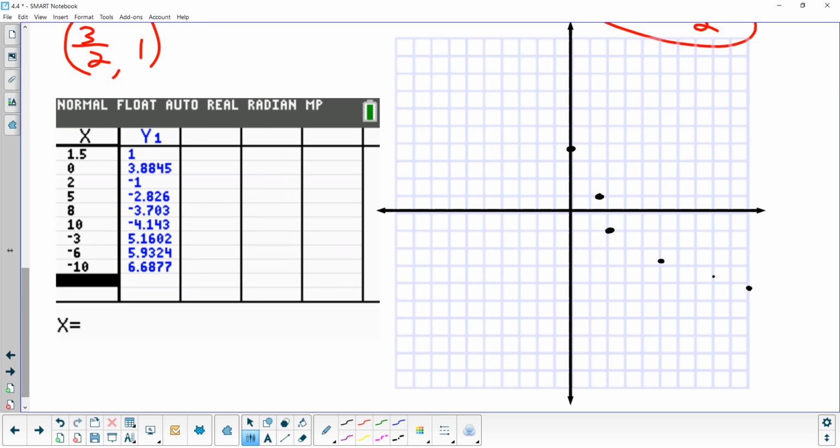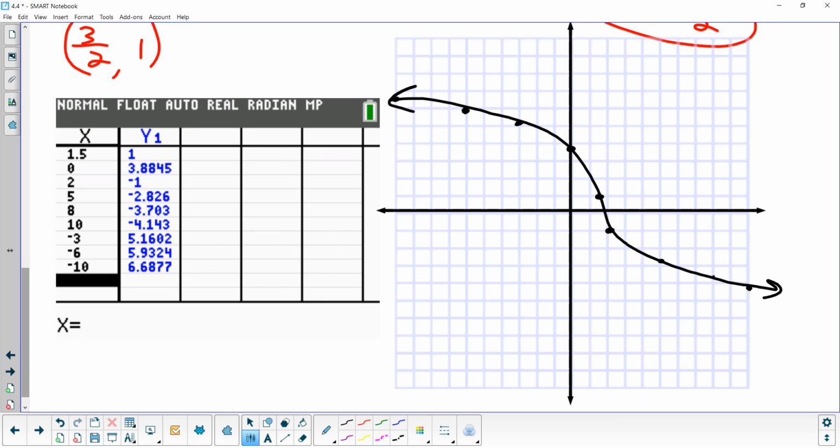Now we got -3, 5.1; -6, 6 roughly; and -10, 6.6. All right, now we can pretty much see the pattern of our graph.